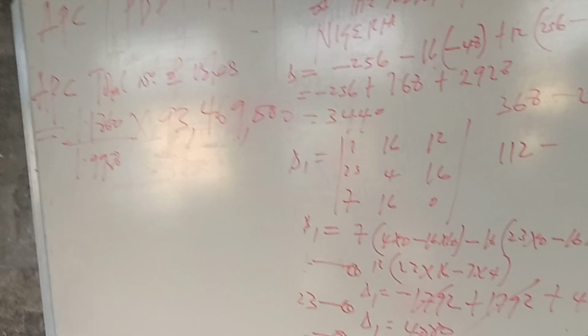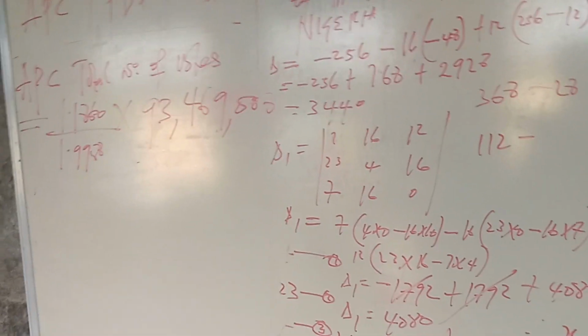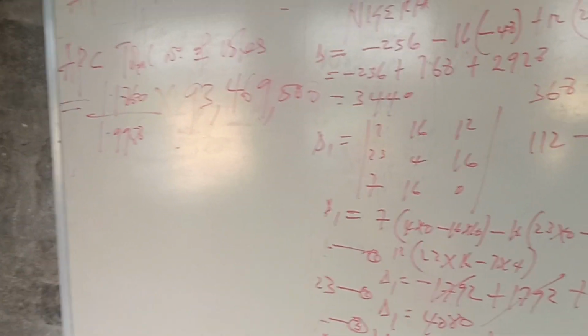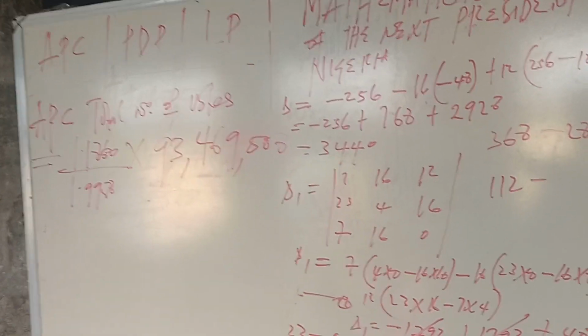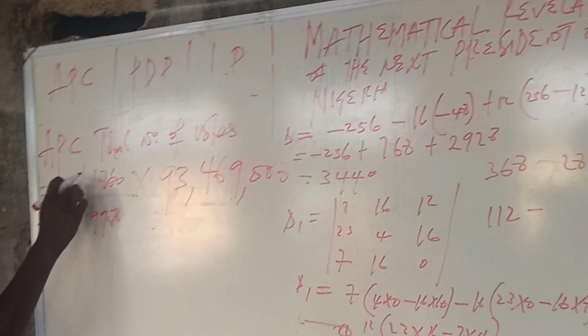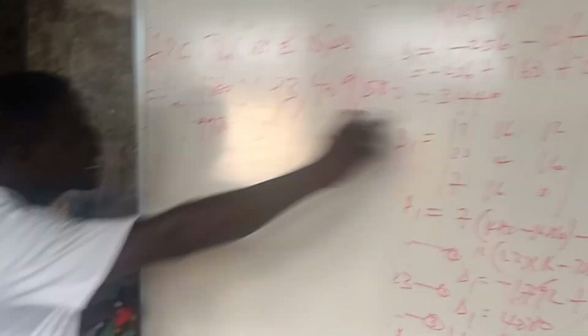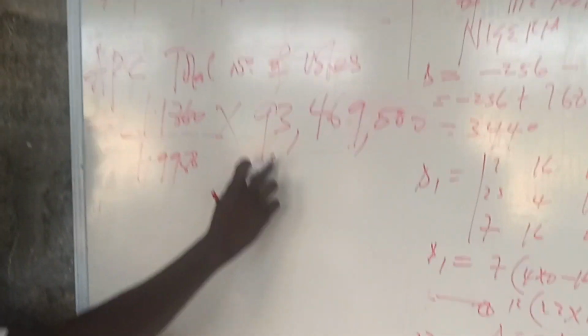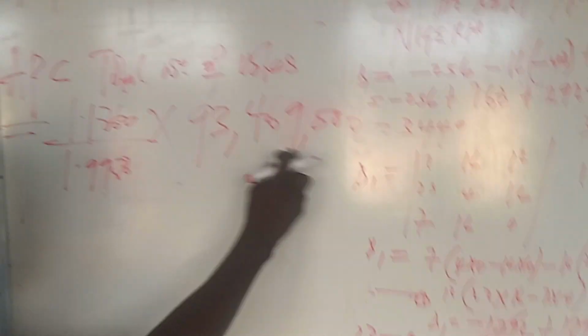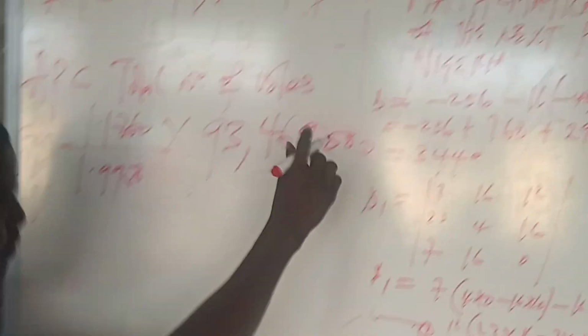So on the day of the election, the total number of people that will come out and vote for APC is 1.1860 over 1.9988 times 93,469,008. Now you know.